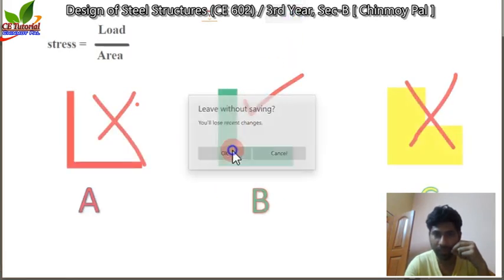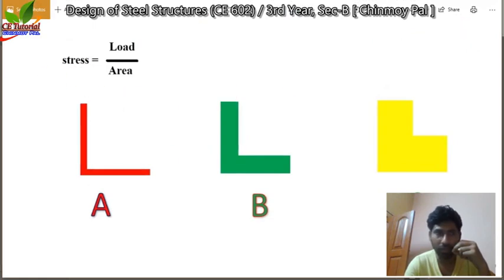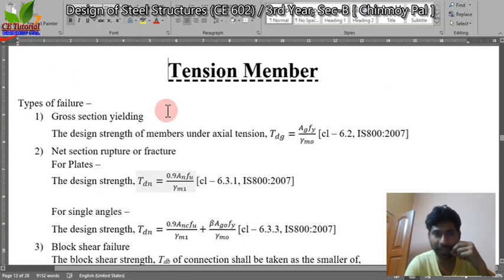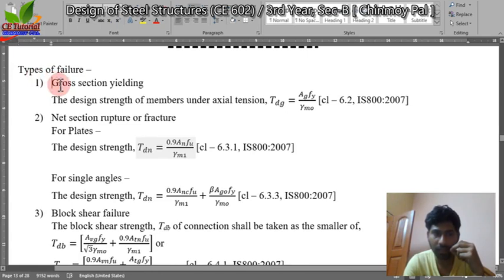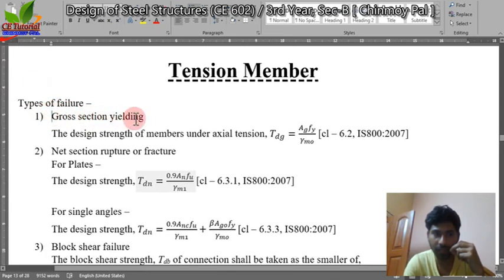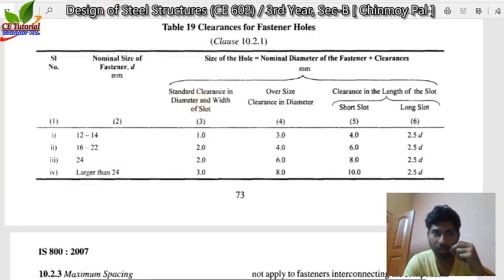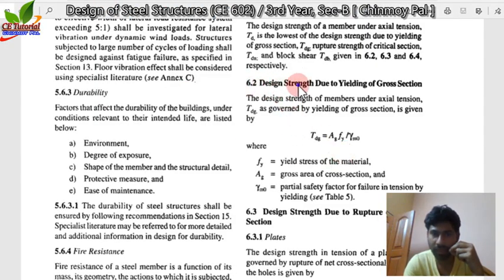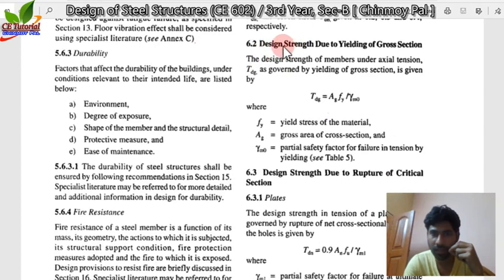Okay, now when we are going to design a tension member, we need to know how the structure can fail. The type of failure, number one, is cross section yielding. This is according to IS 800 clause number 6.2. In clause 6.2, you can find the design strength due to yielding of cross section.